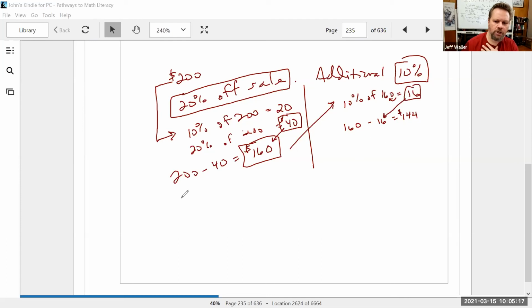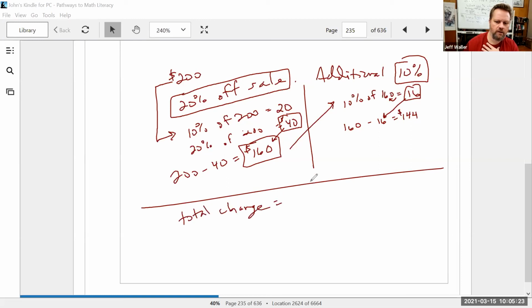Now, how much total did it change by? What was the original amount? 200. And what was the end price? 144. So it changed by $56. Is everybody with me? So what was the overall percent change?